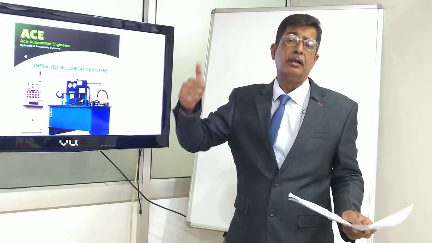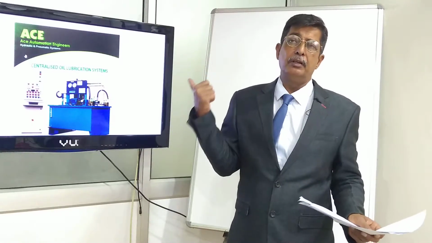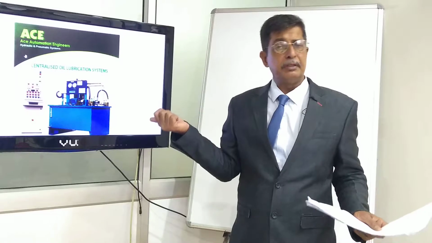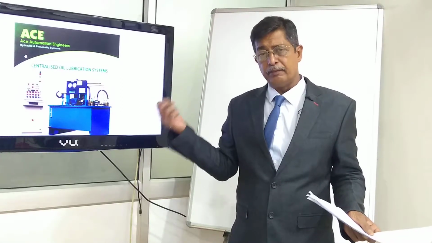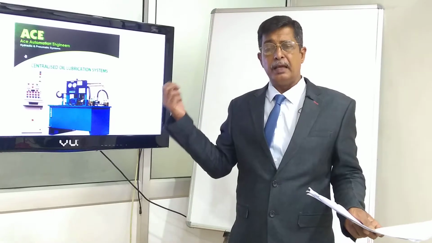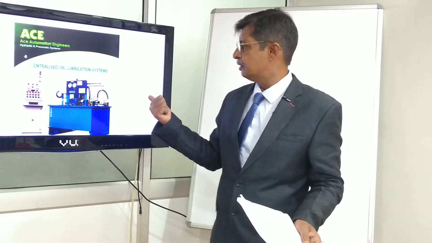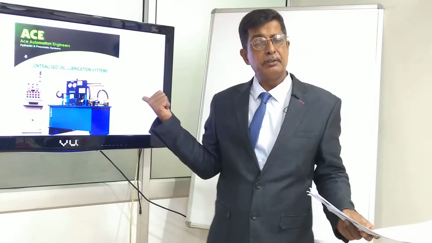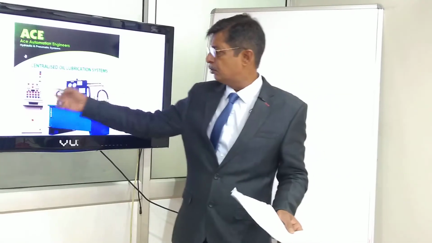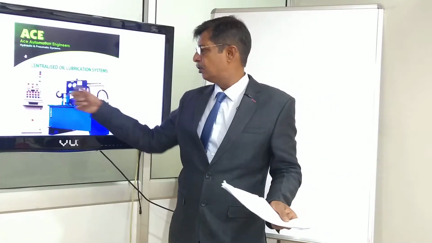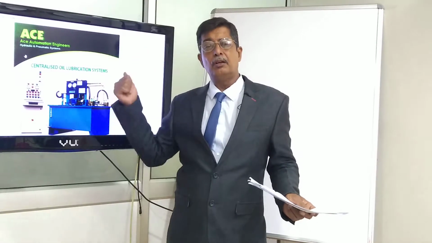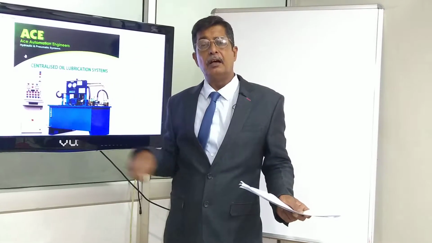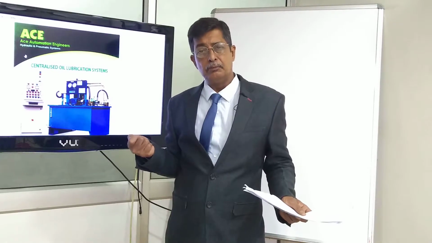So to prevent this, we plan a system which has two motor and pump assemblies and a control panel which ensures that the moment one pump fails, the second one automatically comes on. As a result, we will never have a dry pipeline. Oil will always be flowing.